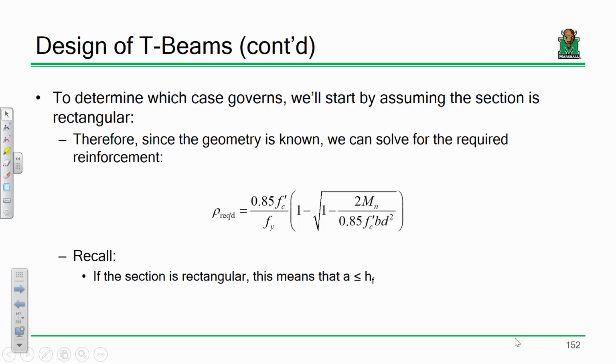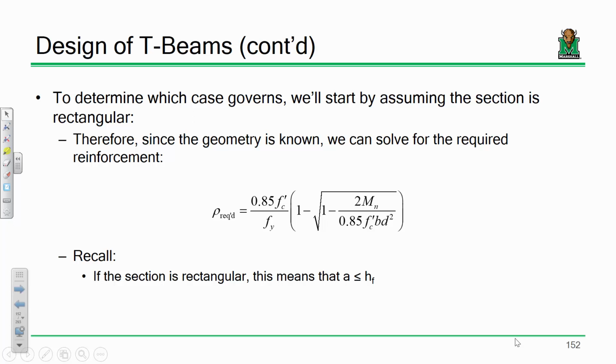Now remember, we're dealing with a known cross-section. So if we assume it's rectangular, the first thing that we should be able to do is compute this, rho required. That should be simple. If the section is rectangular, now recall, that means that a is less than or equal to h_f. So we're going to start off by computing a rho required.